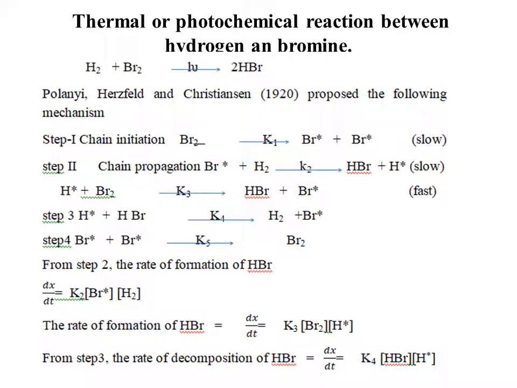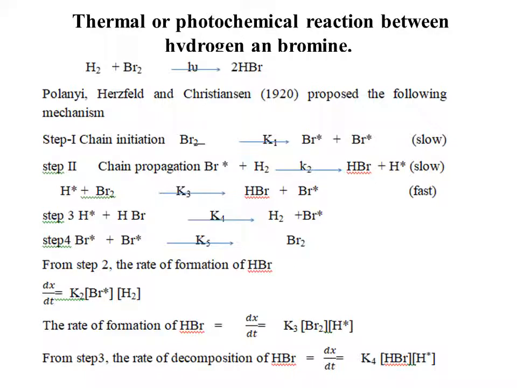Step number 3, that is the termination step or inhibition step. H* will react with HBr to form H2 plus Br radical.